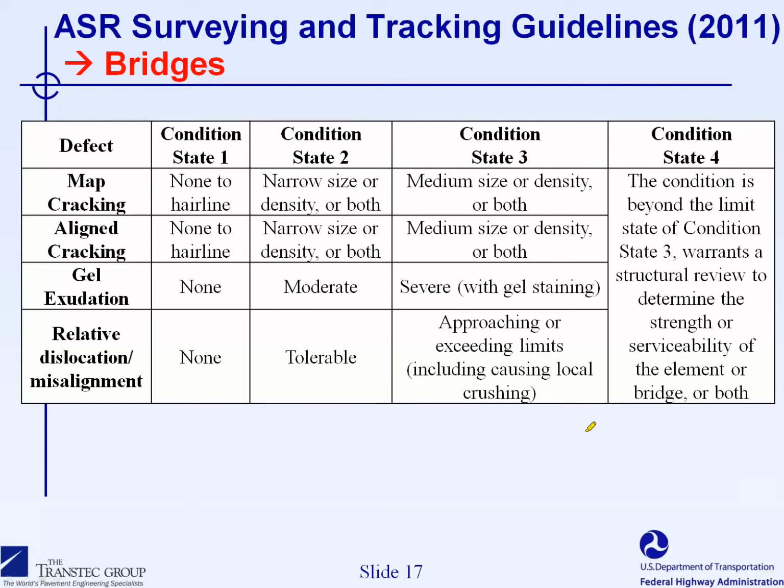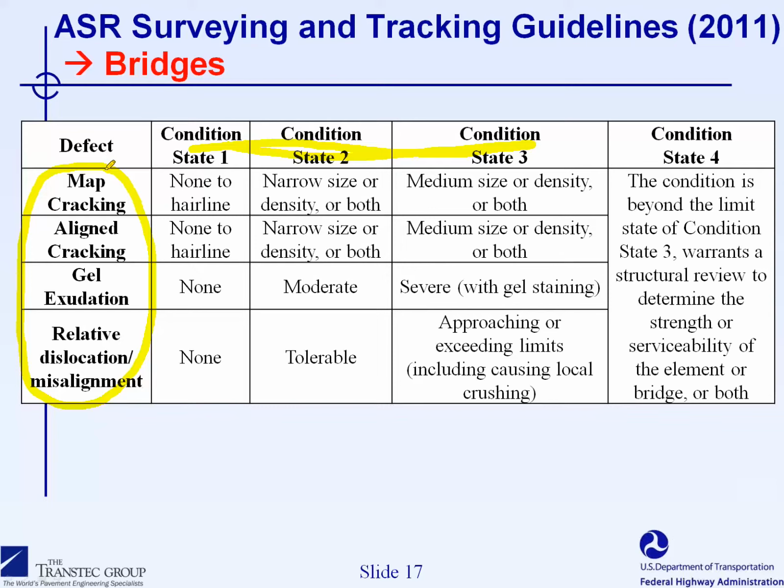The ASR surveying and tracking guidelines also include a number of tables that can be used by the inspector in order to have a better idea on how to quantify those condition states, how to determine which condition state we are in for each of the different elements of the bridge, according to those features of deterioration that have been flagged since they are most likely present when ASR is affecting bridges.